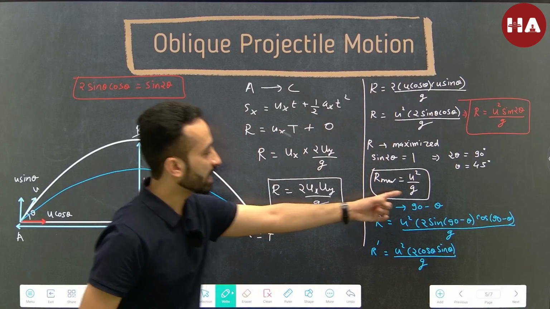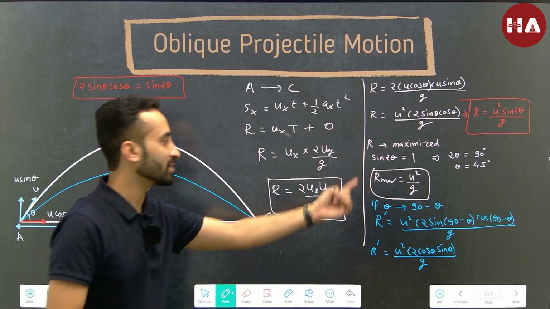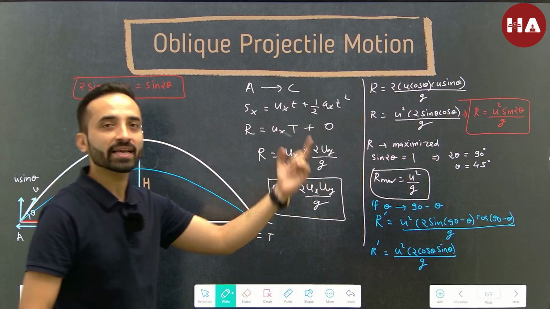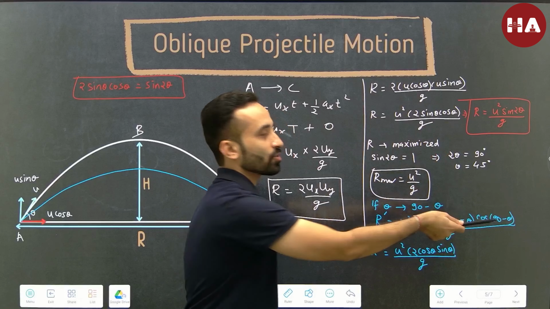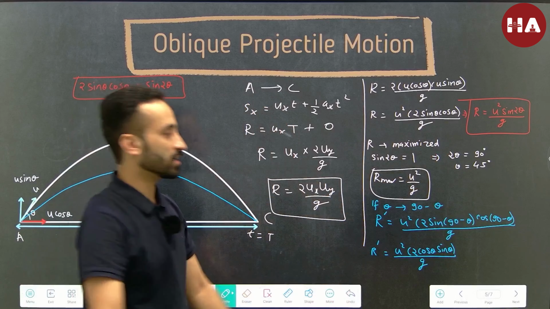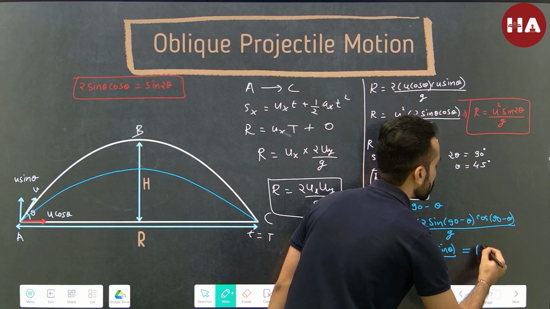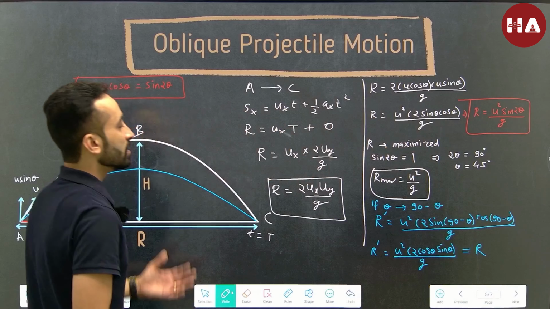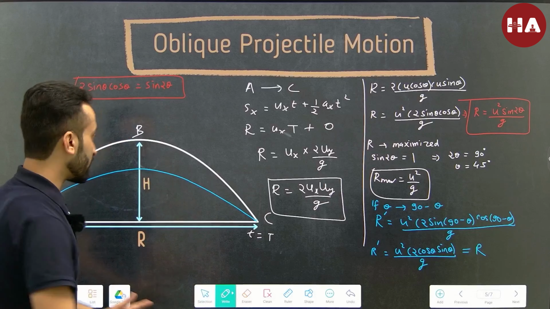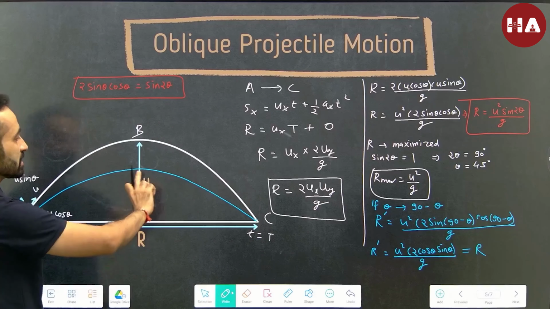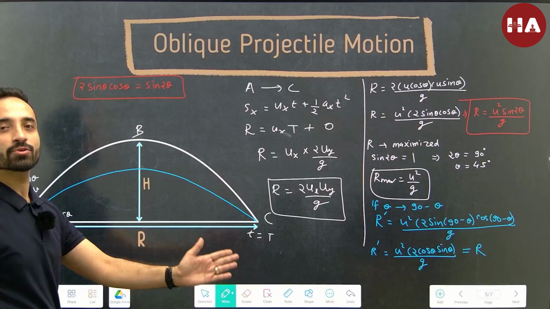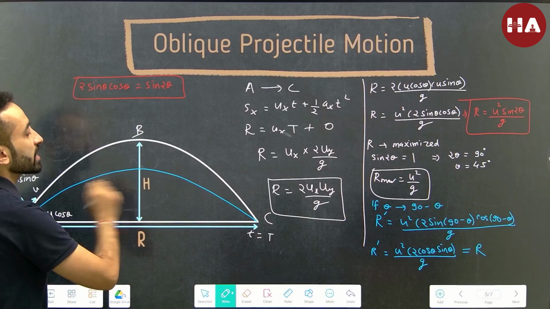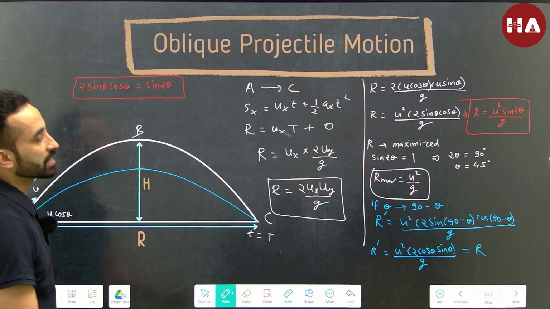Here it was sine theta into cos theta, here it is cos theta into sine theta, ultimately giving you the same value. So the new range is the same as the previous range, but only the range, not the path. The path is different, the maximum height attained is different, the time of flight is different, but the range is going to be the same.